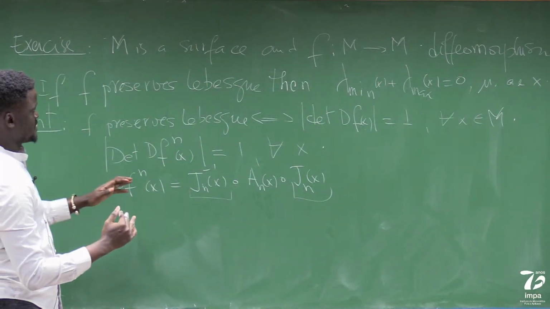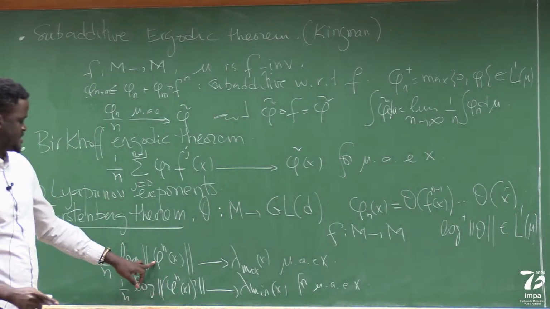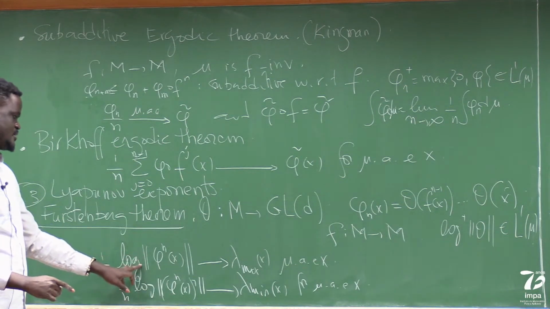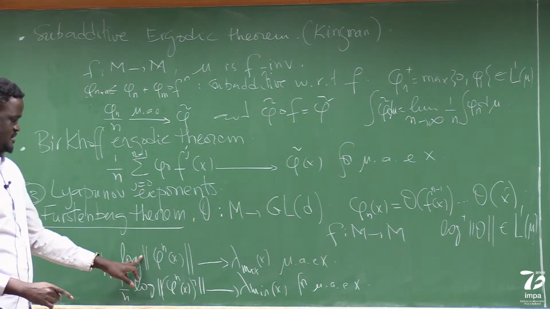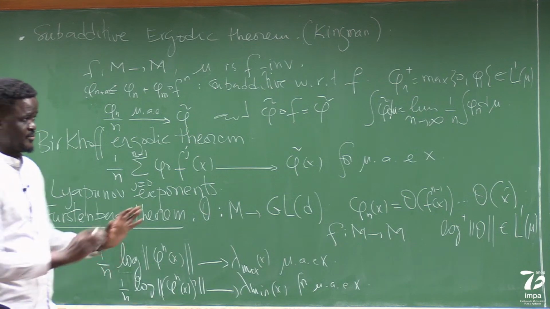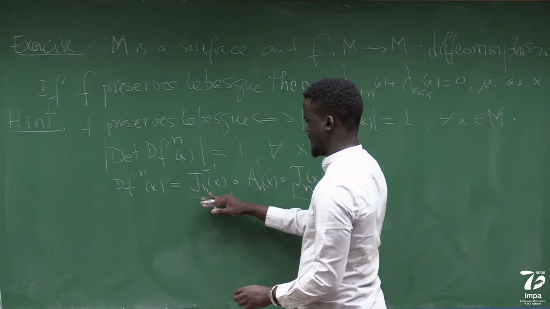A trick to use here is that in the definition, you divide by n, there's a log. So if you put a constant here, you don't see it at the limit because you divide by n. So you can choose these two matrices by just dividing and multiplying.